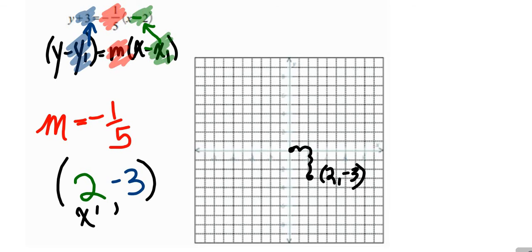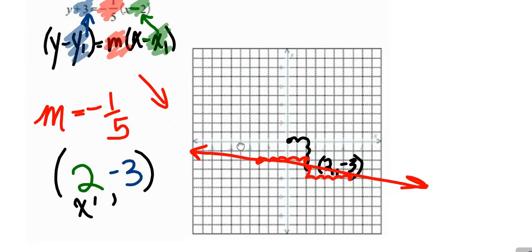Then you count your slope, and it's a negative tilting slope. So up 1 over 5, down 1 over 5, and there's that line. That is called point-slope form.